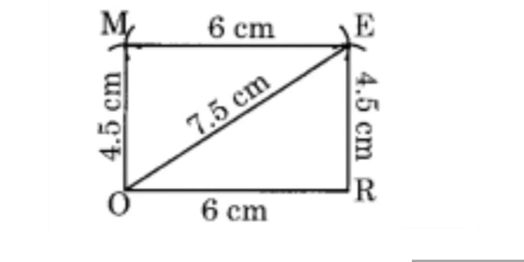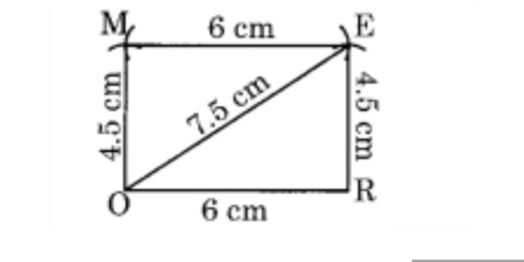First we will draw OR equal to 6 centimeter. Now draw arcs of radius 7.5 centimeter and radius 4.5 centimeter taking O and R as centers, which intersect at E. Now join OE and RE.